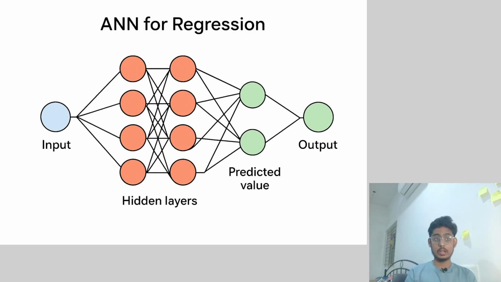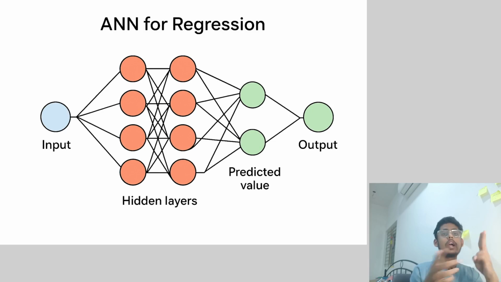But if the value has some error, we should go in a backward direction and correct the weights of each edge, in order to get better accuracy. The first step is the forward pass, from input to output, using the activation layer, which is the second.